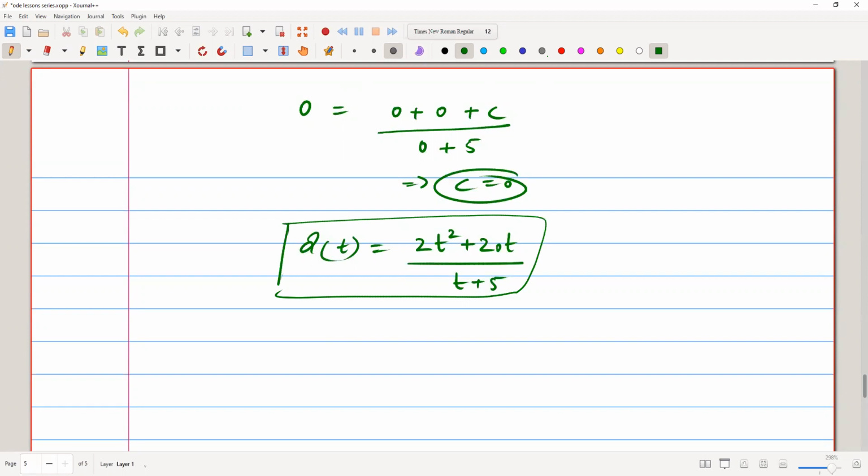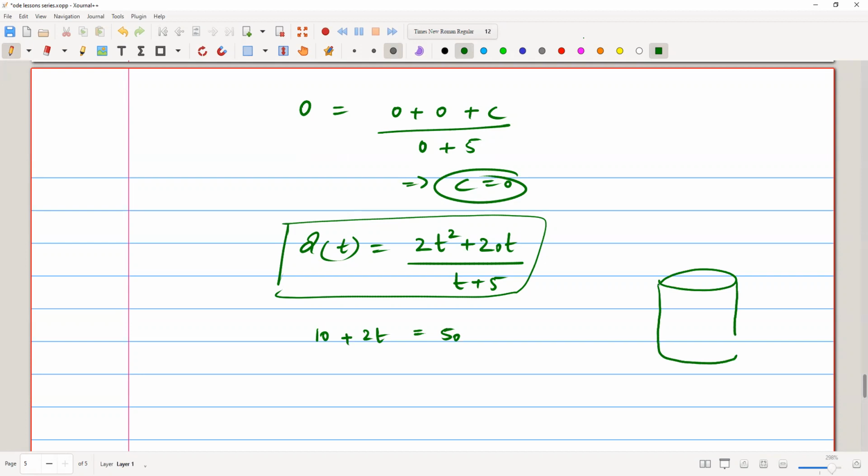We need to find the time at which the tank will overflow. So the time required for the tank to overflow is given by 10 plus 2t equals 50, because the total volume of the tank is 50 gallons.